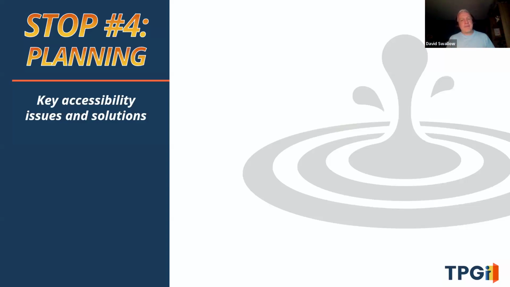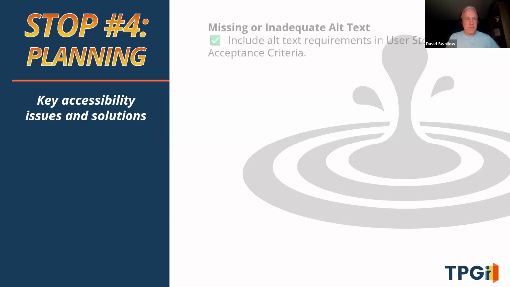And that's because accessibility is often left out of these early requirements, setting the stage for inconsistencies and rework and barriers further down the line. So let's revisit our recurring accessibility issues one more time and see how laying down clear, actionable requirements can prevent them. So, missing or inadequate alt text for images.